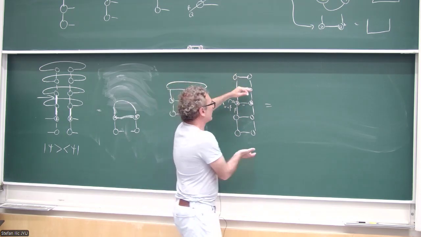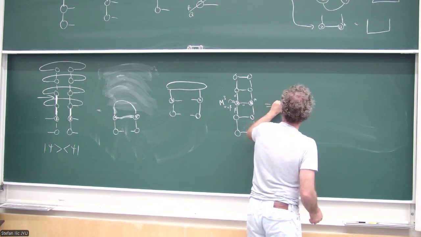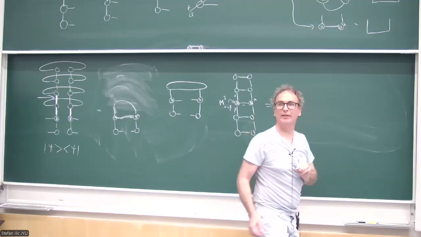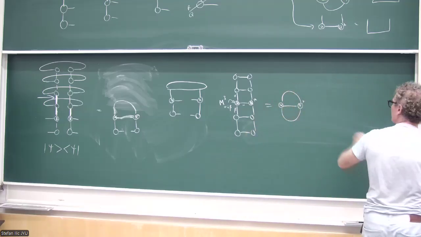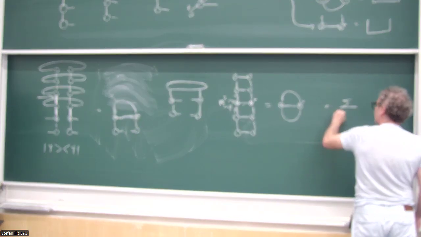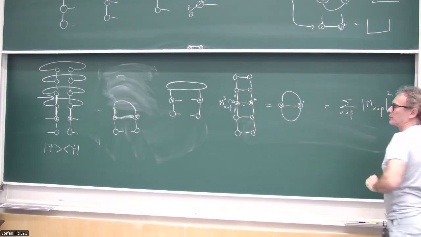Then this is equal to the star, to that. It means that it is equal to the sum over alpha, I and beta of M alpha I beta squared.